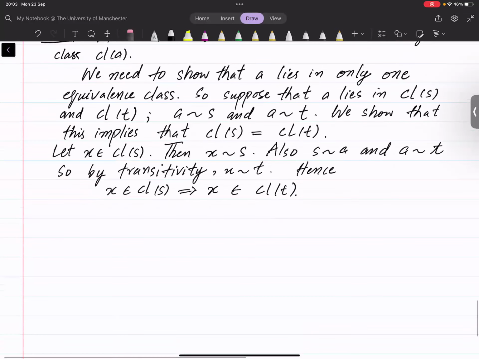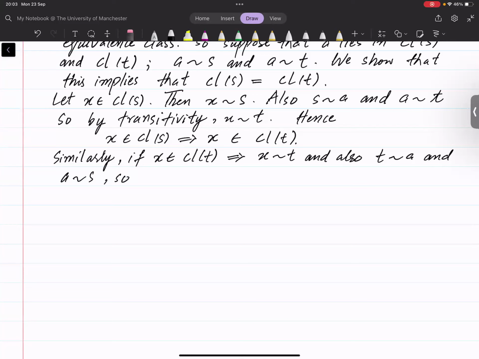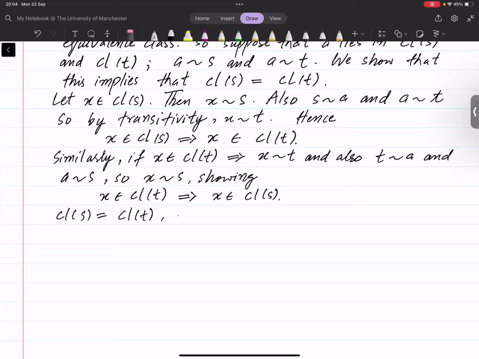Now, similarly, if X belongs to the equivalence class of T, then X is related to T, and also T is related to A, and A is related to S. So X is related to S, showing that if X belongs to the equivalence class of T, then X belongs to the equivalence class of S. We conclude that the equivalence class of S is the equivalence class of T, as required.